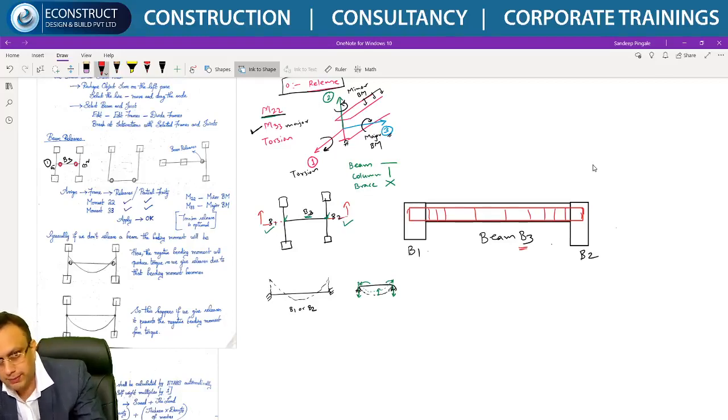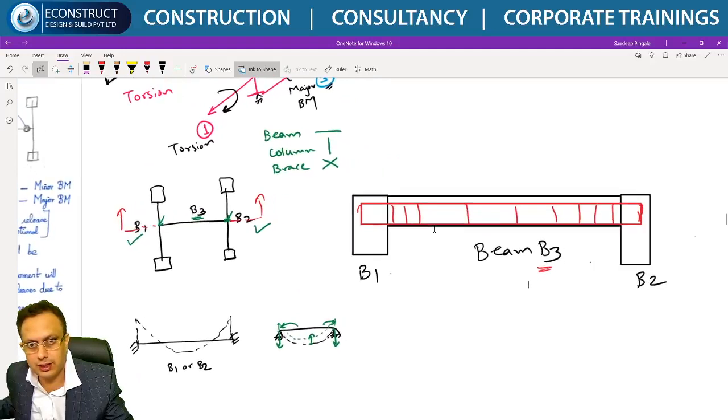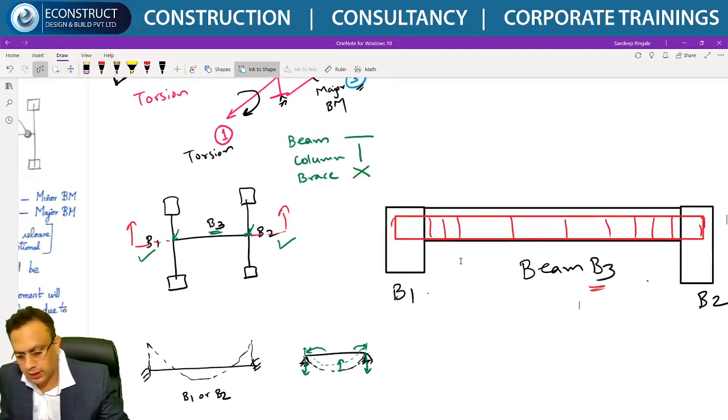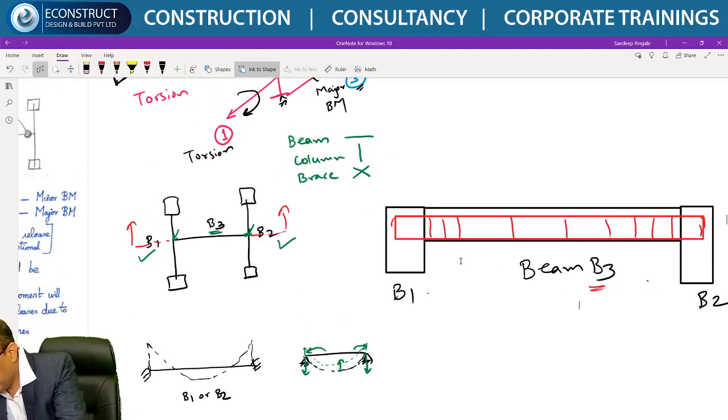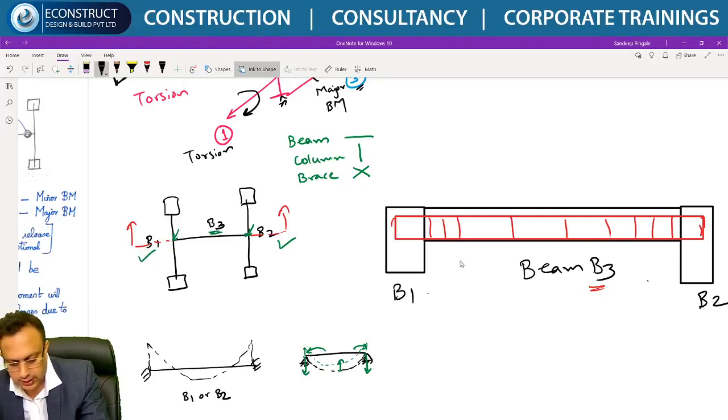I'll just zoom in a little bit so that you will get it more real. So if you ask me the anchorage length of this, you might know the embedded length, anchorage length. At this place, how do we see the anchorage length?